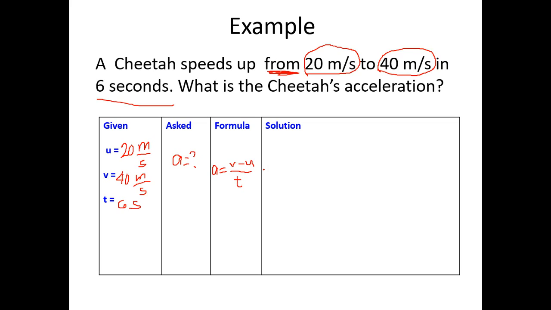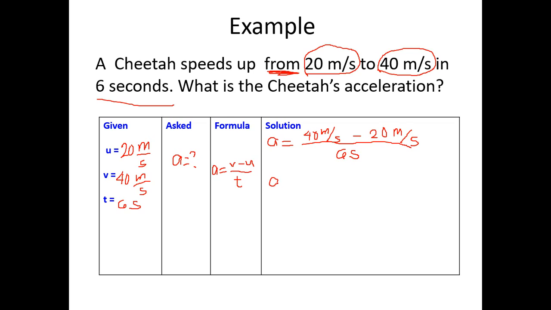All right, so moving on to the solution. The solution will give you a is just equal to v is 40, so you go 40 m per s minus 20 m per s over 6 s.